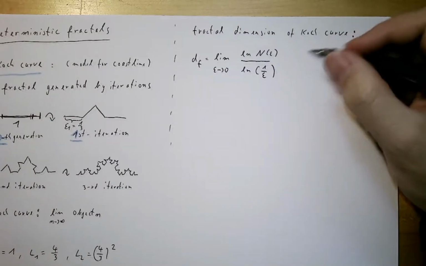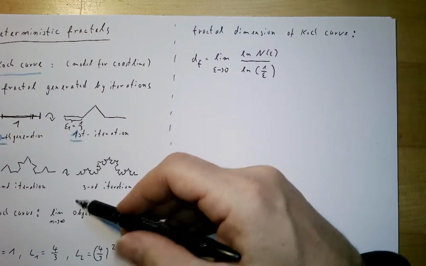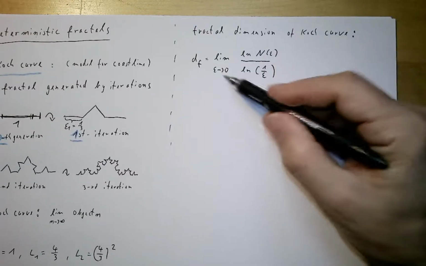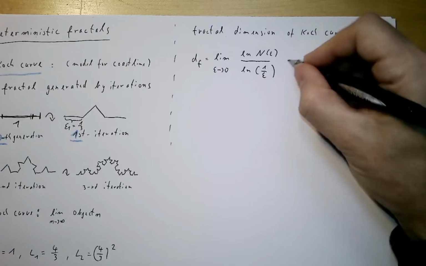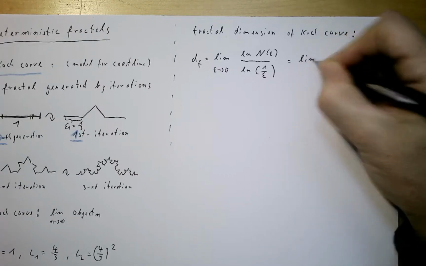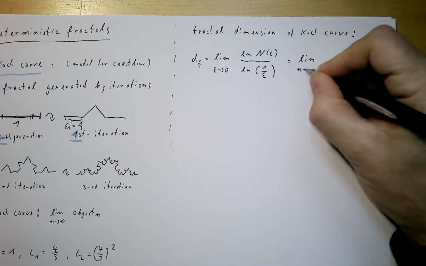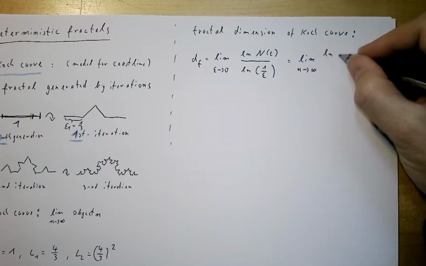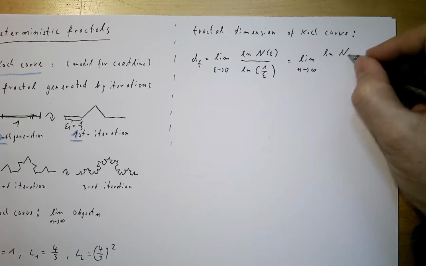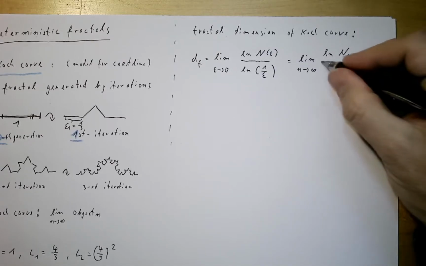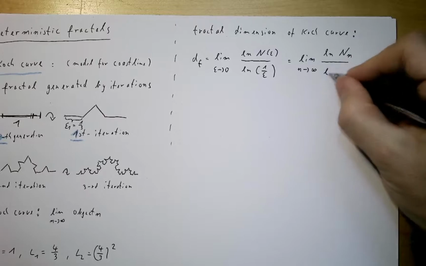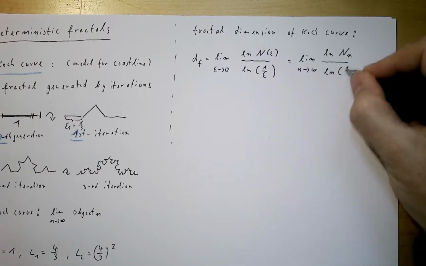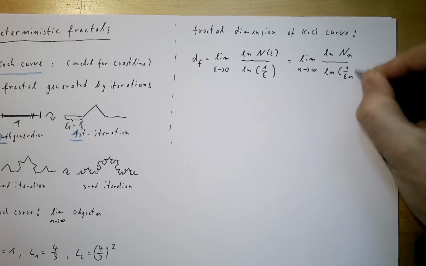Now for the Koch curve, we have the number of objects and the scales at different iterations. So we have to calculate the limit when the iteration goes to infinity of the logarithm of the number of objects N depending on our iteration, divided by the logarithm of 1 over epsilon n.